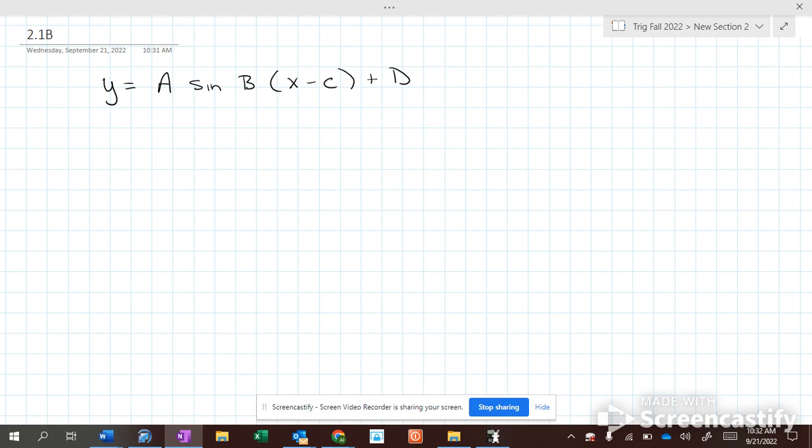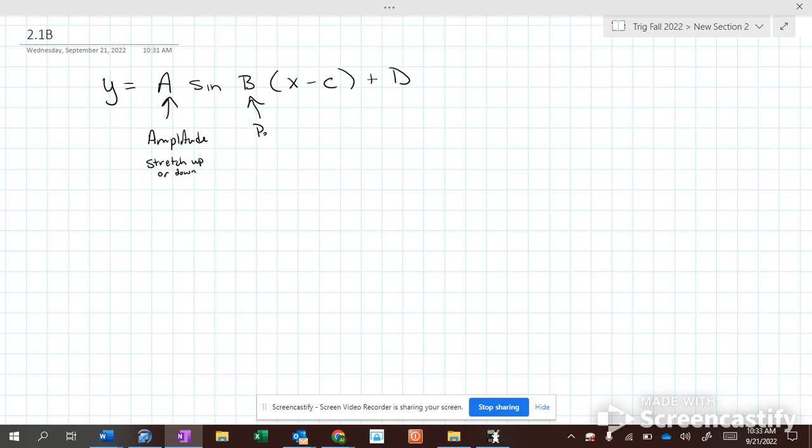So, what do these letters stand for? Well, A deals with the amplitude, which is a stretch up or down. So that's going to be the stretch there.